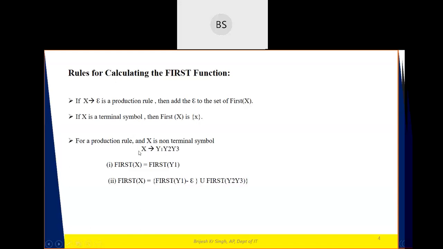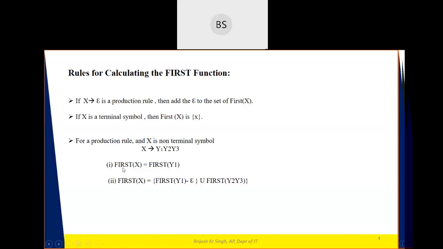Here X is a non-terminal symbol, that means a variable, and Y1, Y2 and Y3 are also non-terminal symbols. If we have a production rule in this form, X non-terminal produces a set of non-terminals, then what will be the FIRST of X?